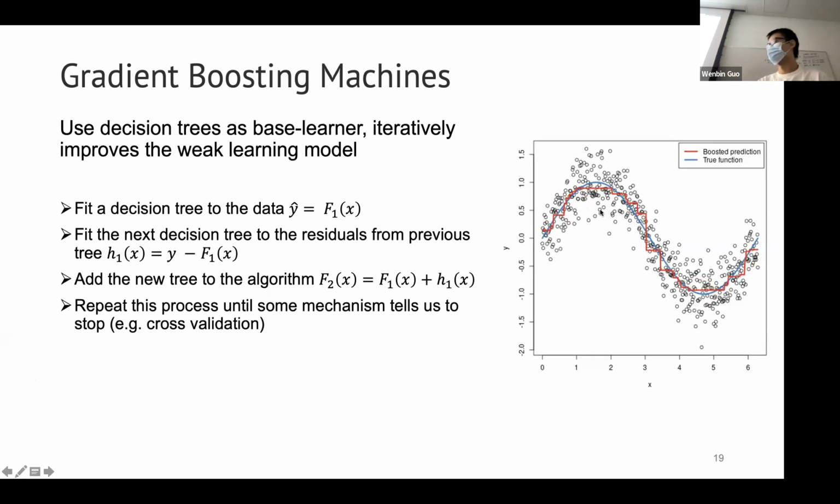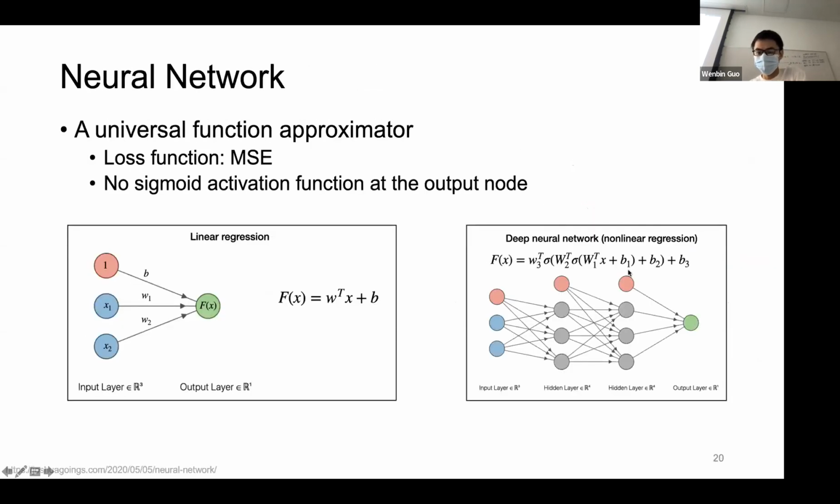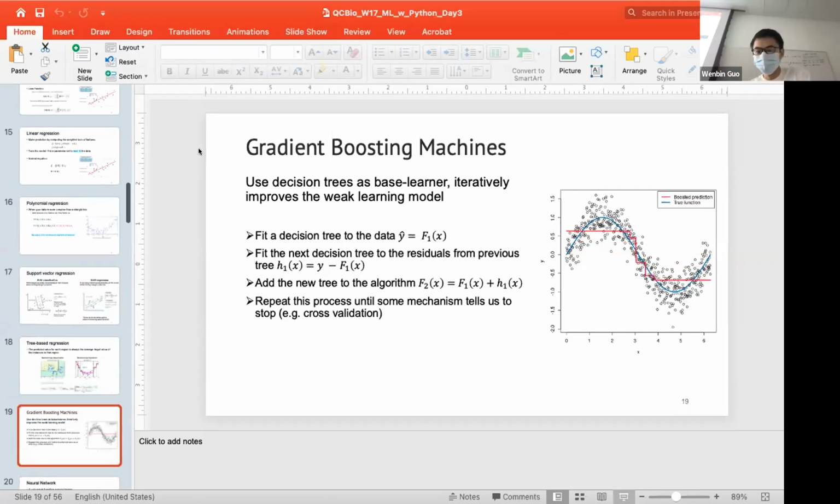On the right is a GIF image showing how the gradient boosting machine works. Let me see if I can make it work.